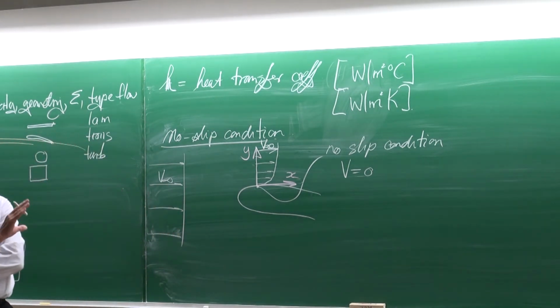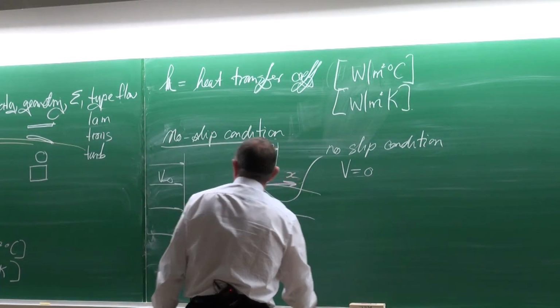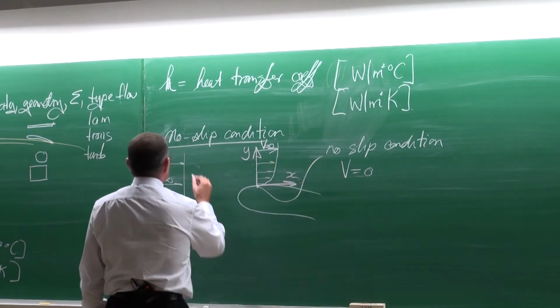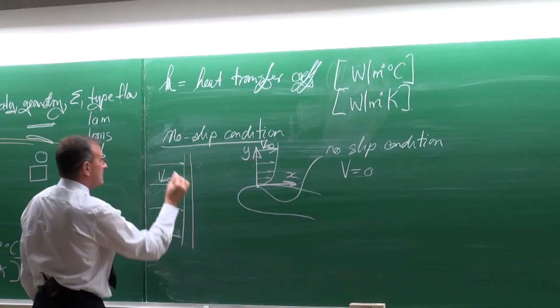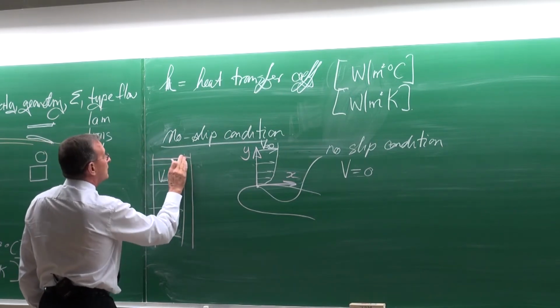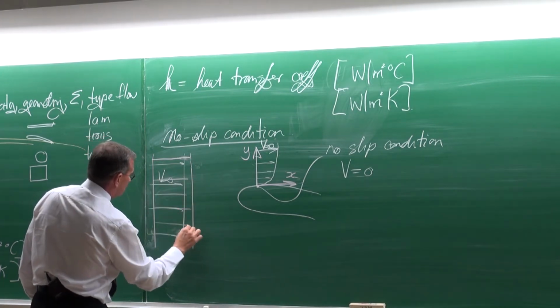With heat transfer, we've got something very similar, and that is that if this is the temperature distribution, let me use a pink color to show the temperature. It's not a vector, let's just show it like that.